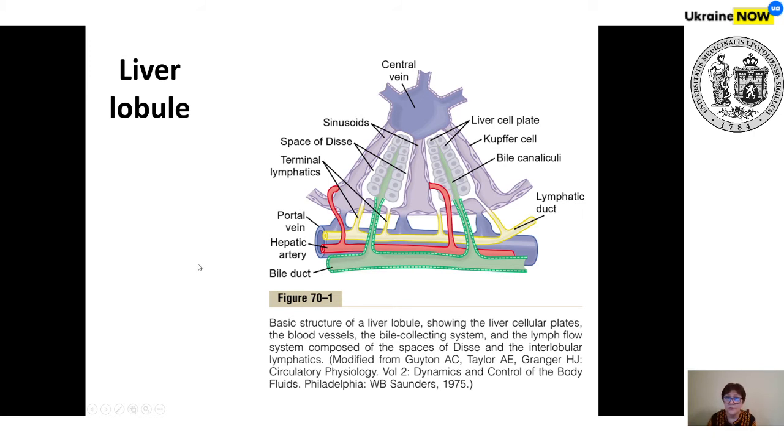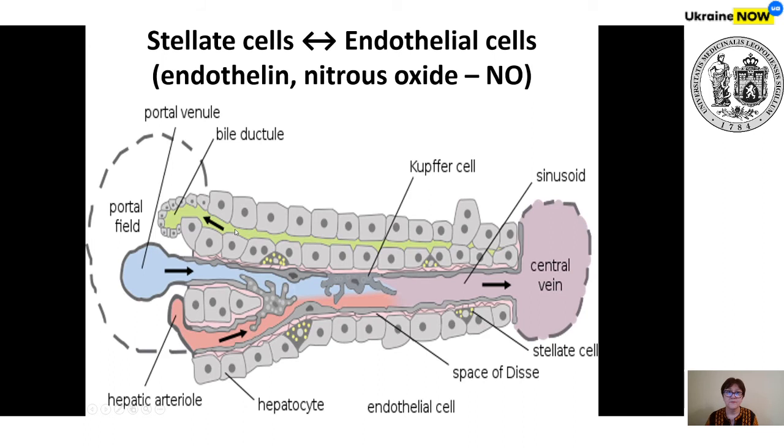So sinusoids do not look like typical capillaries. Blood cleaned in sinusoids is collected in central veins. Central veins empty into the hepatic vein and the hepatic vein into the inferior vena cava.